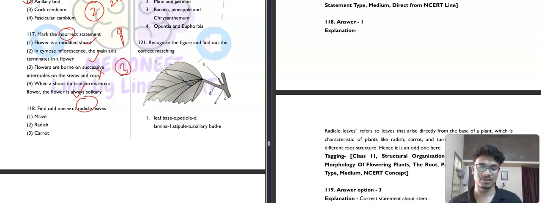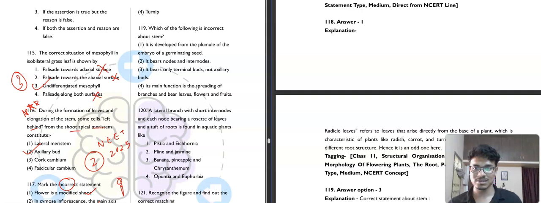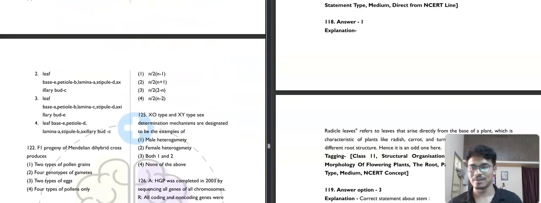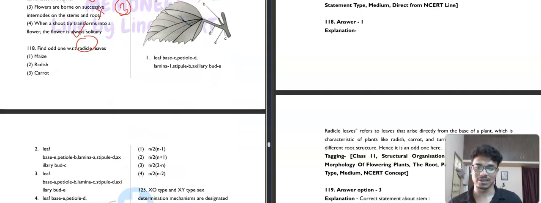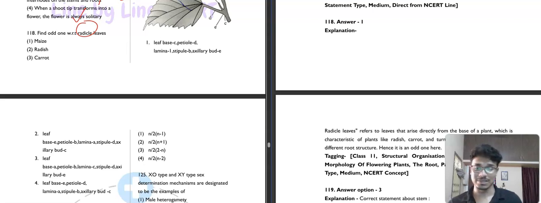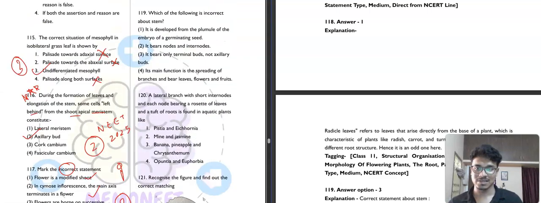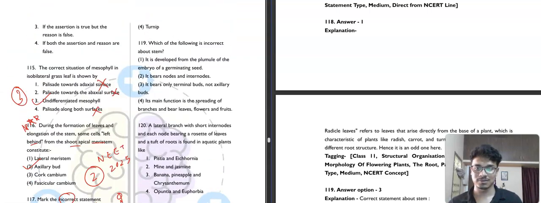So the odd one out: we have maize, then radish, then carrot, and the other option is turnip. Carrot, turnip, and radish have this. There is a spelling mistake here, it should be RADDISH. So the answer will be maize. Maize doesn't have the radical leaves.